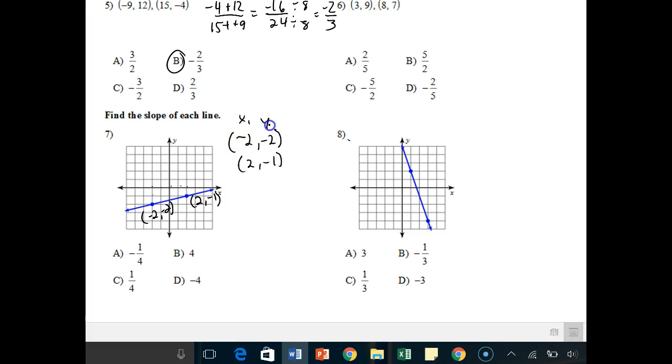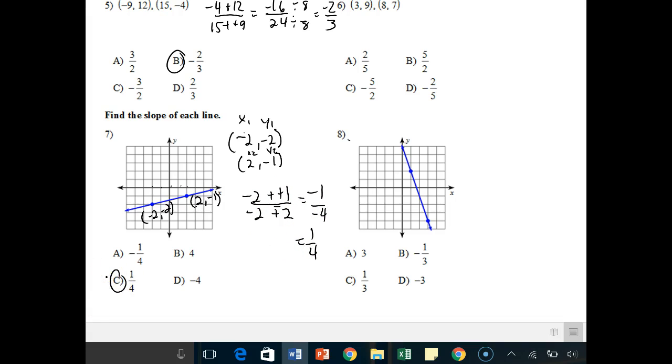Label them x1, y1, x2, y2, and then say, all right, negative 2 minus negative 1 over, so I did y1 this time, so I need to start with negative 2 this time. Negative 2 minus 2. All right, so plus positive, plus negative, we get negative 1 over negative 4. Negative and negative gives you positive 1/4, so C.